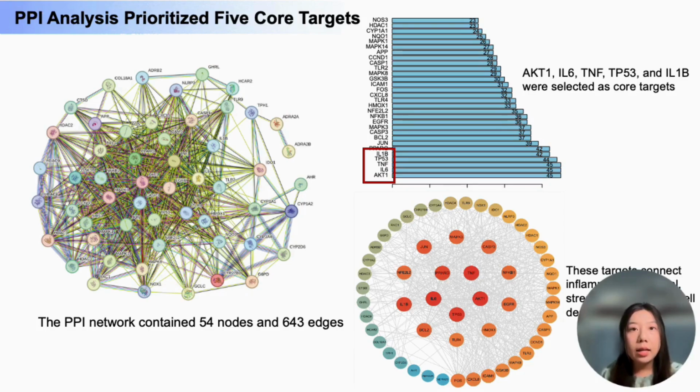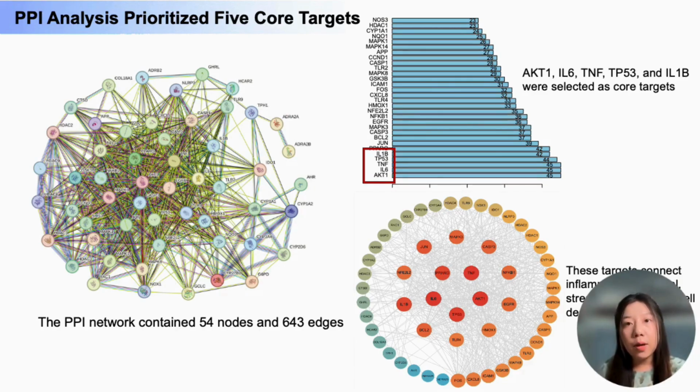Next, we performed PPI analysis. The PPI contained 54 nodes and 643 edges. This means the targets formed a connected network. Based on topological ranking, 5 core targets were selected: AKT1, IL-6, TNF, TP53, and IL-1 beta. These targets were meaningful for PD biology. AKT1 is related to cell survival.